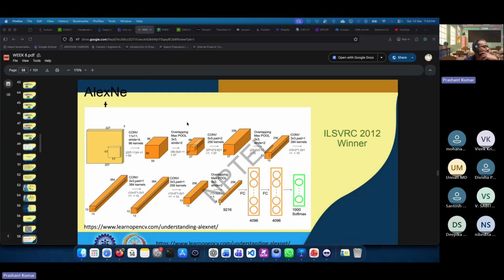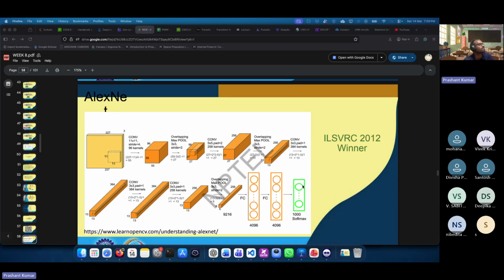This is one convolution layer, then we have the second convolution layer, then some simple convolution layers without max pooling. Then one max pooling, then some hidden layers, and then the softmax.